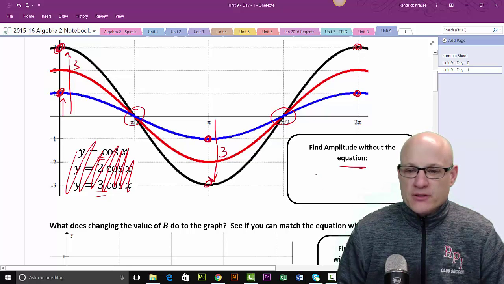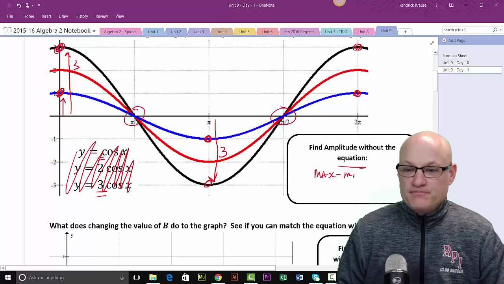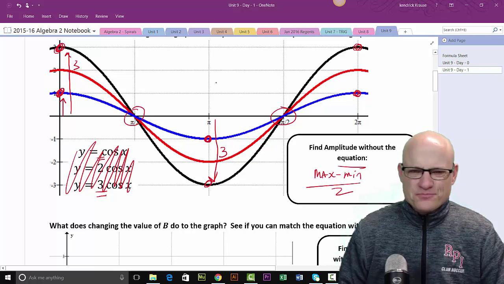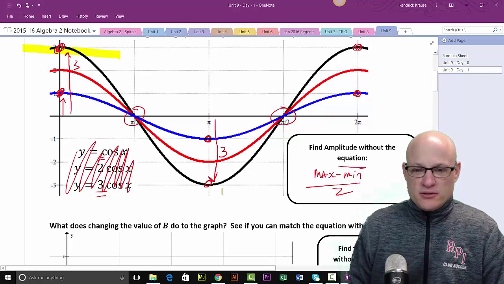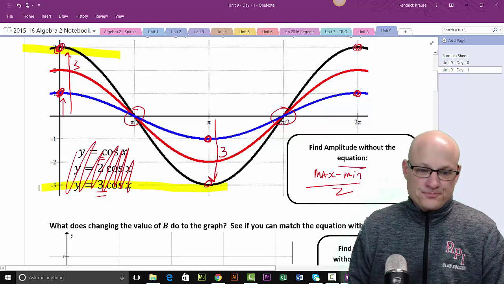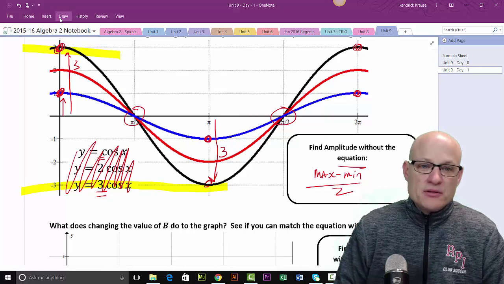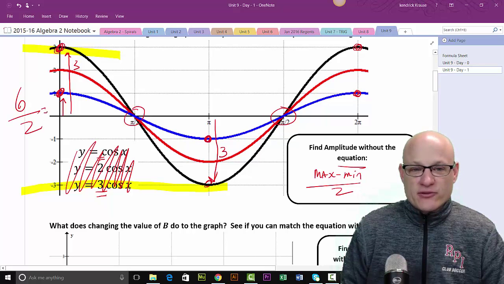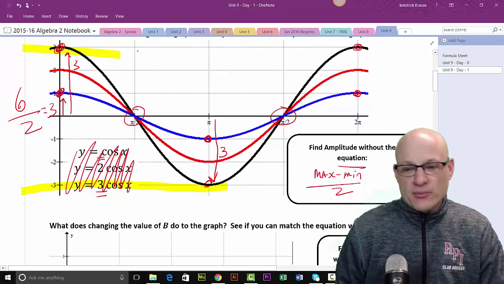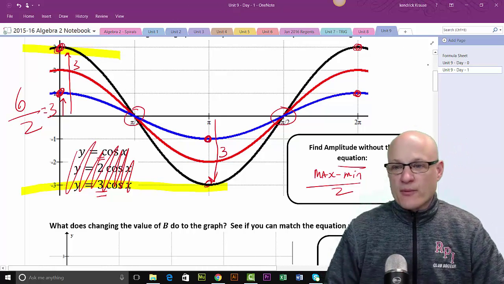It's max minus min over 2. Or in other words, you find the maximum, you find the minimum, and you say, okay, the difference between those two is 6, but we only want half that for our amplitude. In this case, the amplitude would be 3. So it's just very simple. You can do it straightforward from the graph.